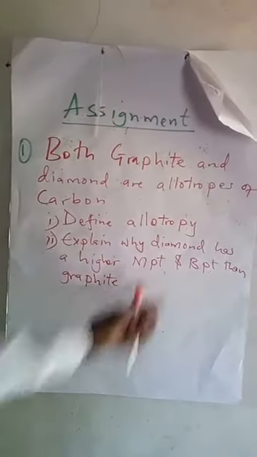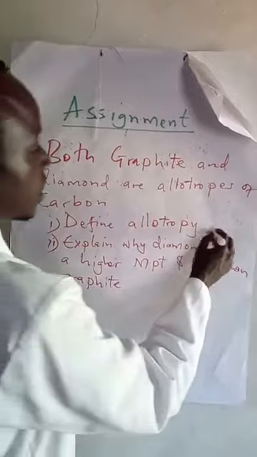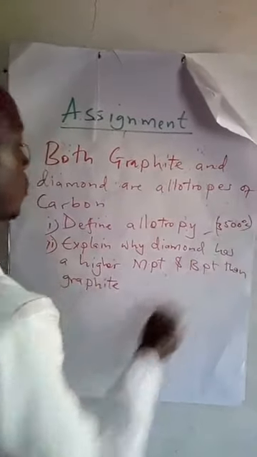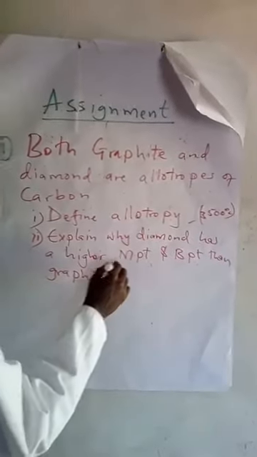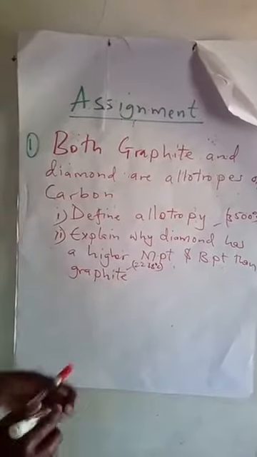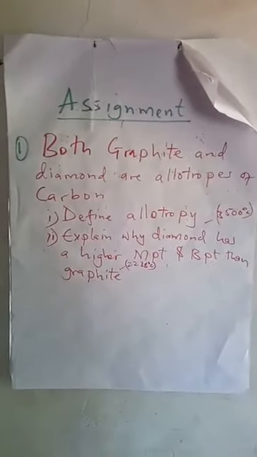The melting point of diamond is 3500 degrees centigrade. The boiling point of graphite is 2238. So find out why there is that difference.